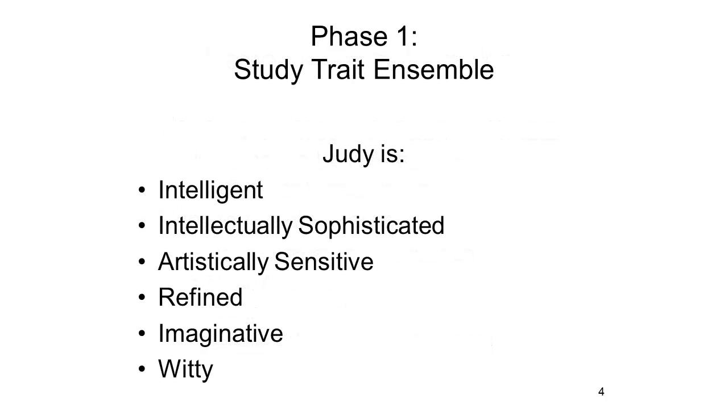So, for example, in the first phase of the experiment, we present the subject with a trait ensemble, that is, a list of personality traits that ostensibly characterize some target person. So we might describe a person, Judy, as intelligent, as intellectually sophisticated, as artistically sensitive, as refined and imaginative and witty. Now, do you have a mental picture of what Judy is like in general?